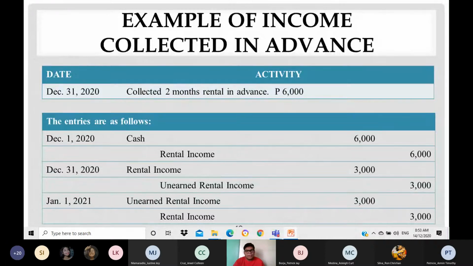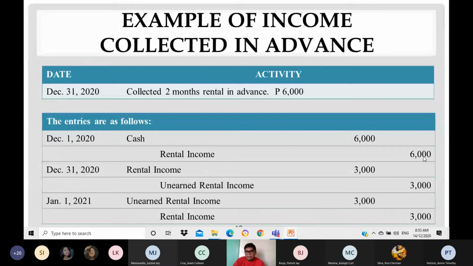So debit cash, 6,000, and then credit rental income worth 6,000. However, yung rental income mo sa December 31 pa marirealize yung 3,000. So meron ka pang unearned, which is for next month. Credit unearned income, 3,000. So 6,000 minus 3,000 equals 3,000.